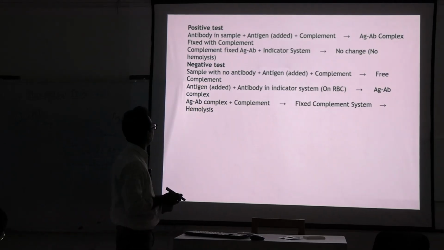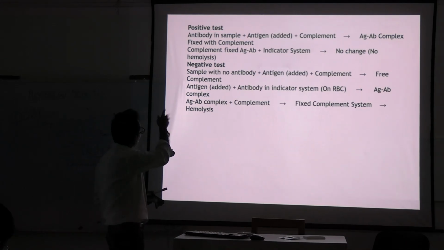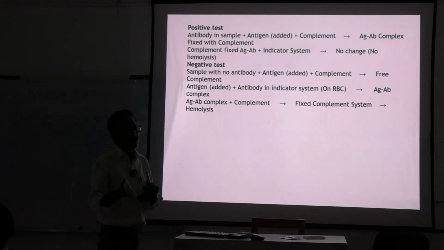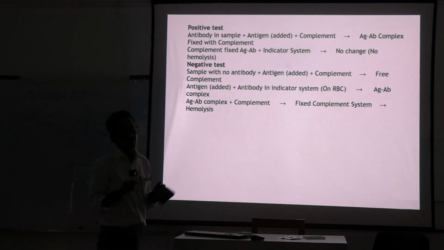Antibody and antigen are added, forming a complex with complement. Complement has already fixed the antigen antibody complex. Now if we add the indicator system, there will be no reaction. That means the test is positive. This part is important: when it is a positive test and when it is a negative test.